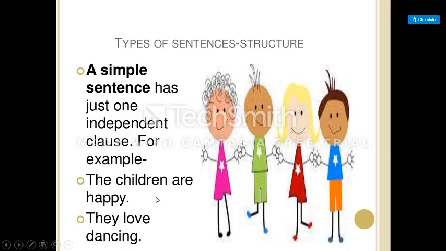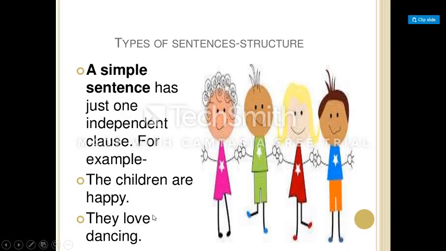So what I should say, they only have one verb, a single verb. Basically the number of verbs makes the differences: simple, compound and complex. If you look at these examples, the children are happy, are, and they love.